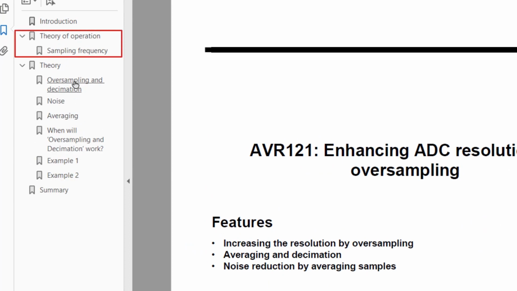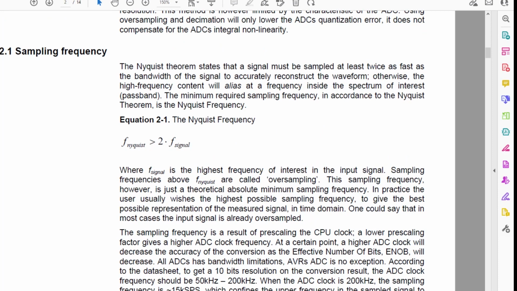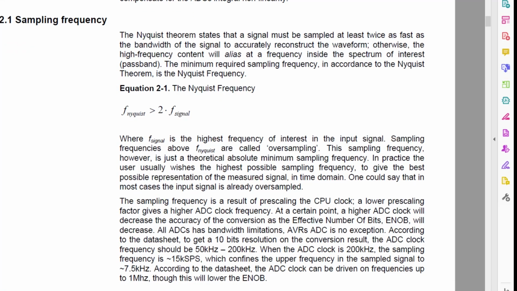You may recall from your Signals and Systems classes something called Nyquist frequency. Basically, it says that in order to properly sample a signal, you need to sample it at a frequency that is at least twice that of the highest frequency of the input signal. So essentially, you want to maximize the sampling frequency.